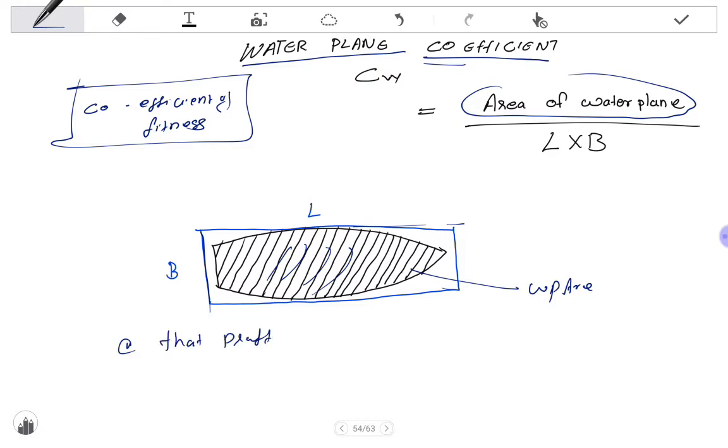So at a particular draft the vessel has a water plane area, and at that draft the actual length and breadth of the ship cover that water plane area. When we take a ratio of that water plane area and the length into breadth, that rectangular box, we will get a value. That is called water plane coefficient, mentioned as CW.